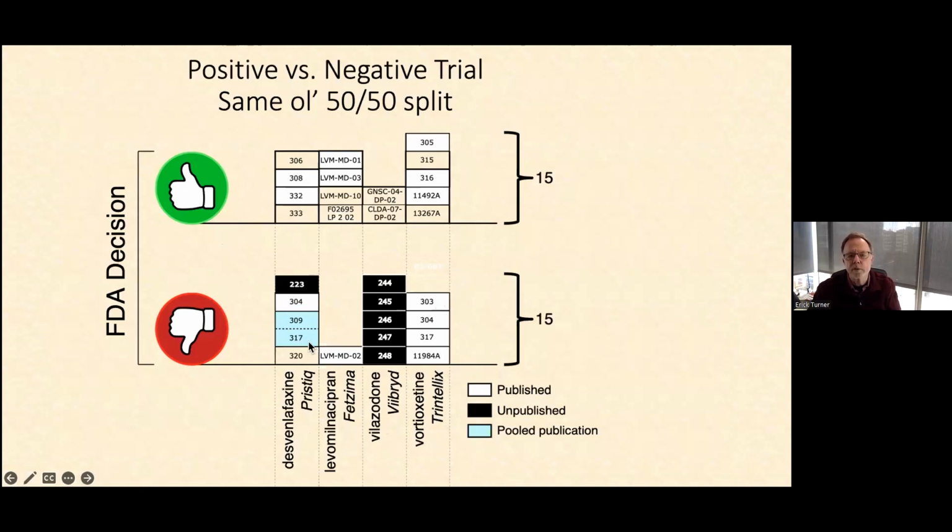But interesting, we still got the 50-50 split. But what you see here, refreshingly, is that these white blocks represent negative studies where they're not significant on the primary outcome, to them being negative. Shocking. That just hardly happened at all in the previous data set.